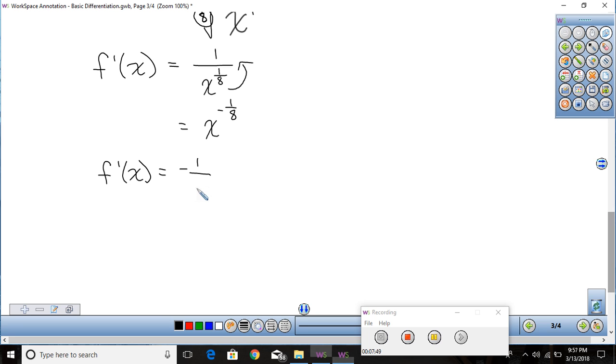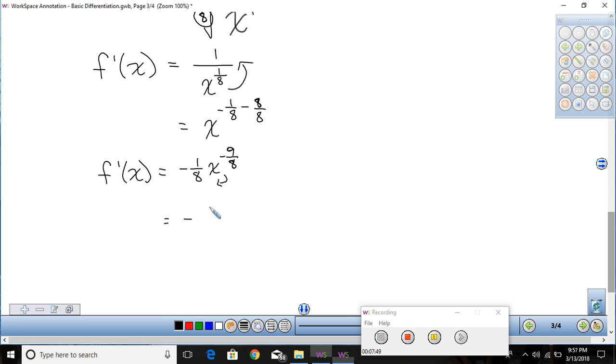Okay, so pull the negative 1/8 down, then you've got x decreased by 1, so you'd be subtracting 8 over 8, so that would give you negative 9/8. So now I'm going to move that part to the denominator because this x to the negative 9/8 is on top, okay?